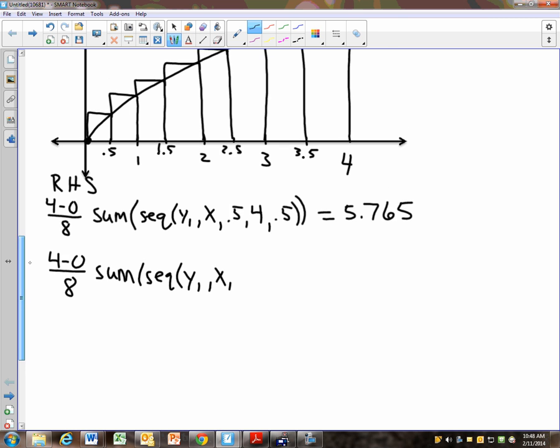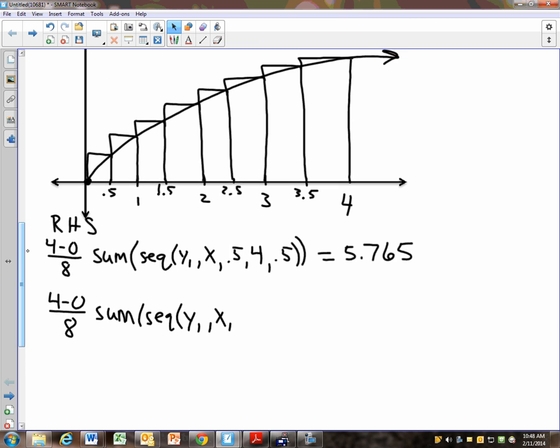If we're doing the left-hand sum, where do we start our evaluation point? 0. So your first one, as you see, has a height of 0. And then you'll be doing the red ones. So this is 0, comma, what's our last spot? 3.5. One back, right?